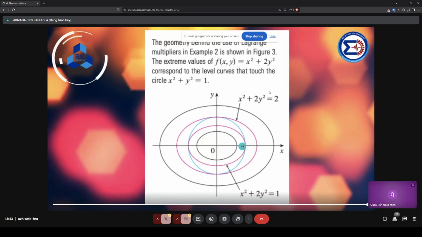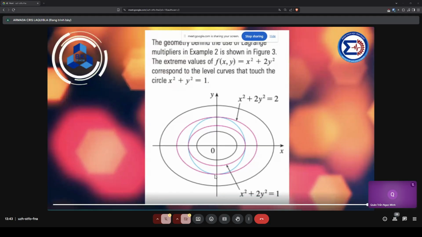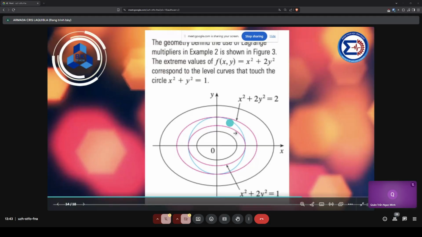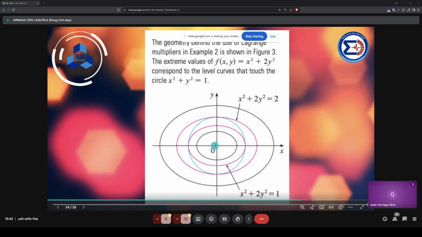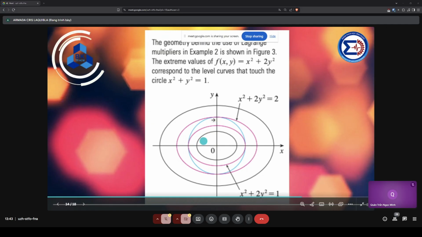This point here is the 1, 0. And this point here is the 0, negative 1. And they intersect the circle. And the 0, 0 point is here inside. And that's it, if you can imagine it. And this is the minimum if we consider all the points inside the blue circle.